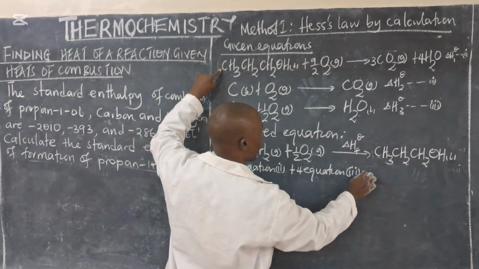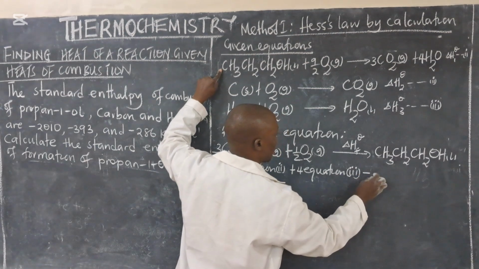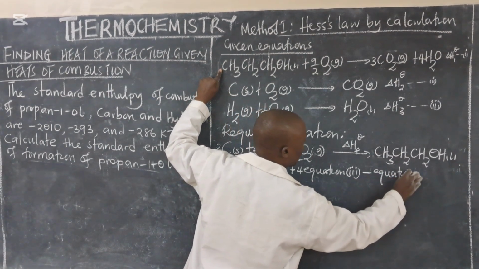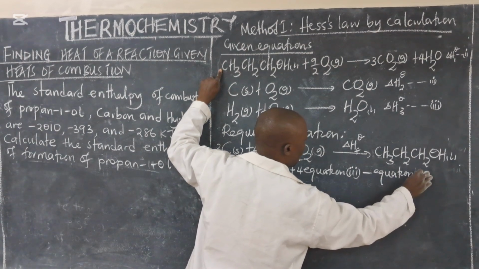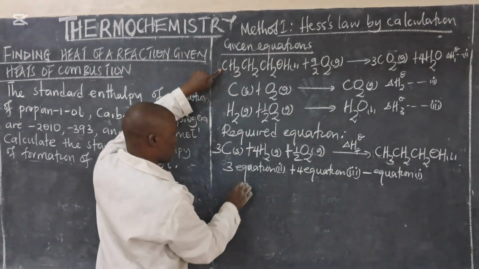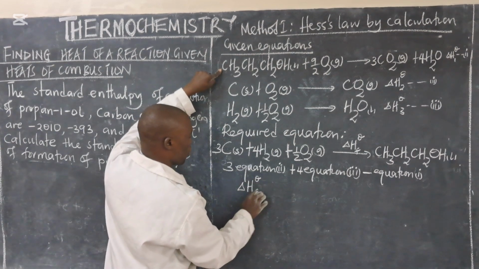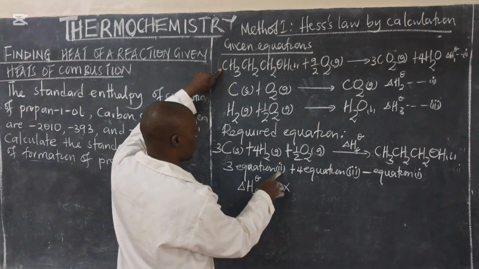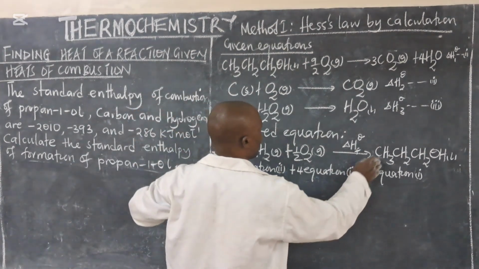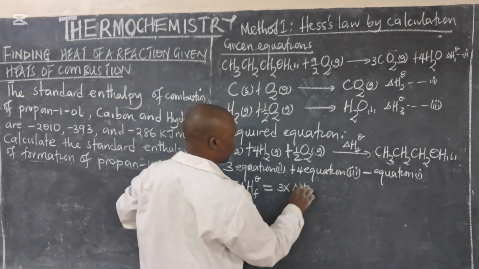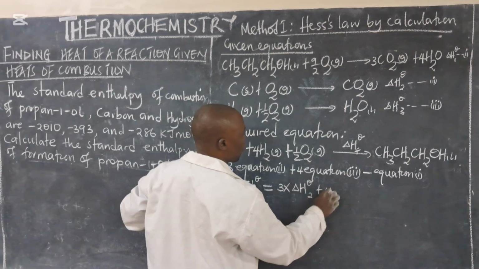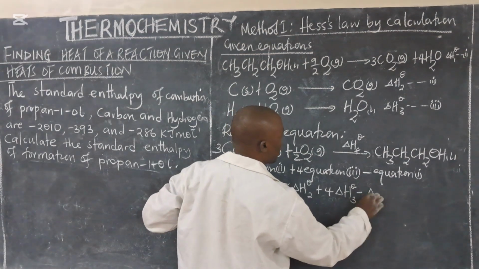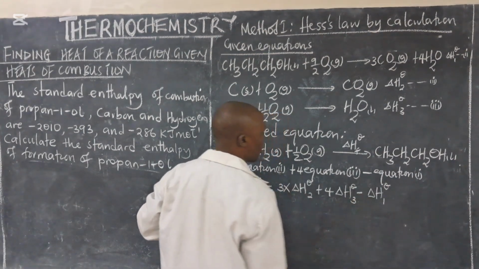By reversing an equation, we're actually going to subtract. So say minus equation 1. So for the standard enthalpy of formation, we are going to have 3 times the value for equation 2, plus 4 times this value, then subtract this value for equation 1.